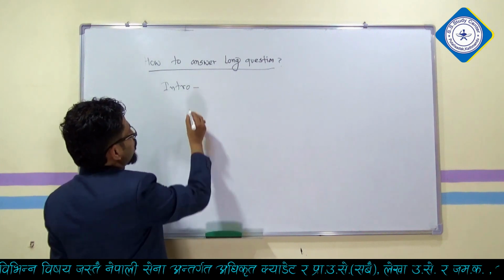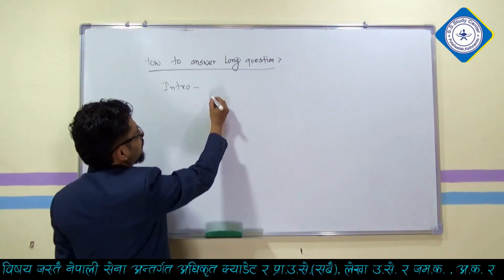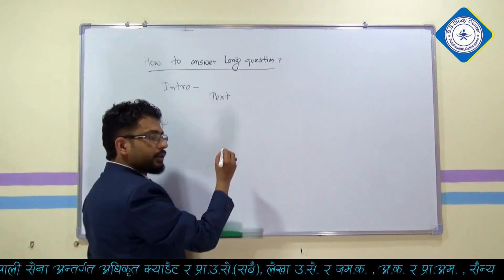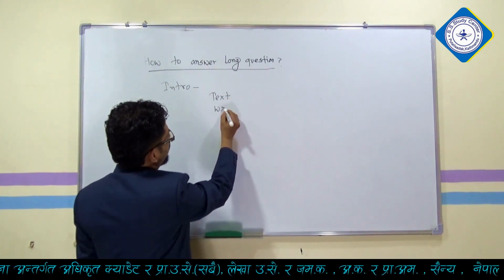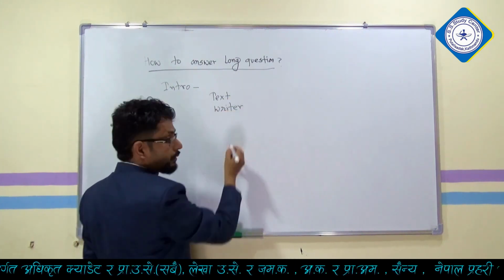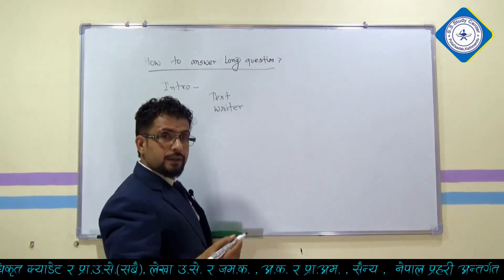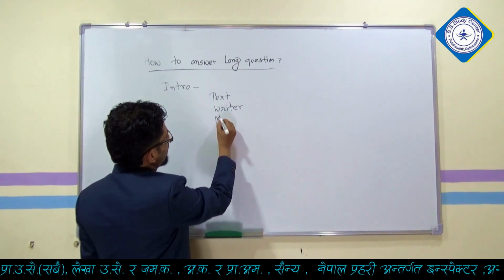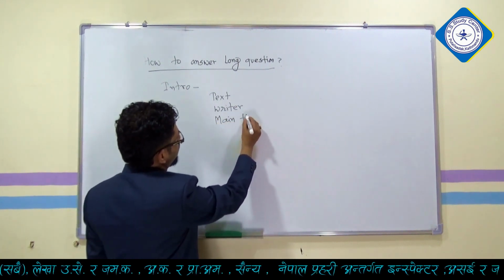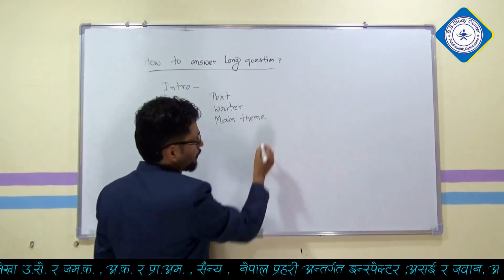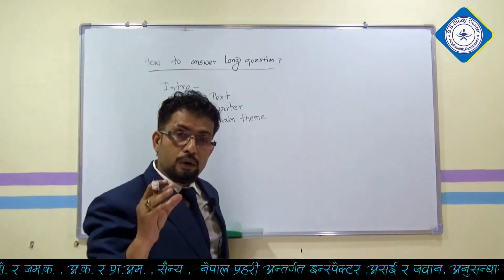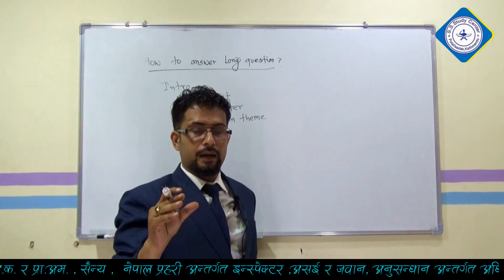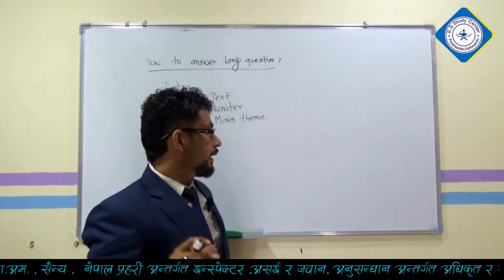some points in the introduction. Basically, you are going to write about the text. What is the text? Who is the writer, or author? They could be poets, they could be essayists. After that, what is the main theme of the text? Let me tell you, this main theme is always mentioned in the head notes.